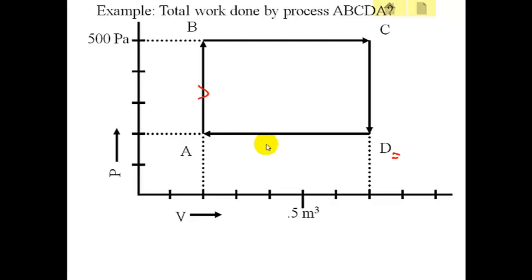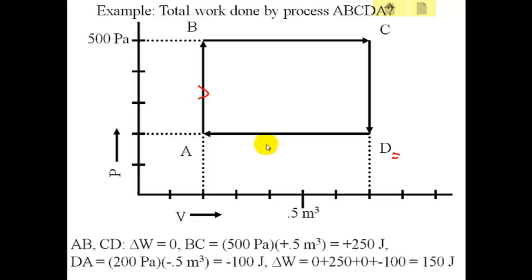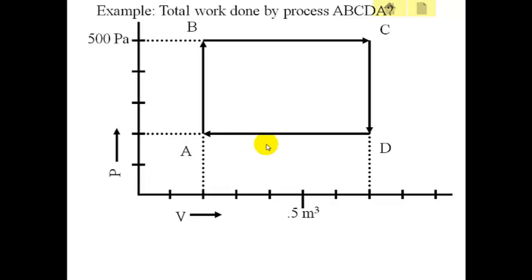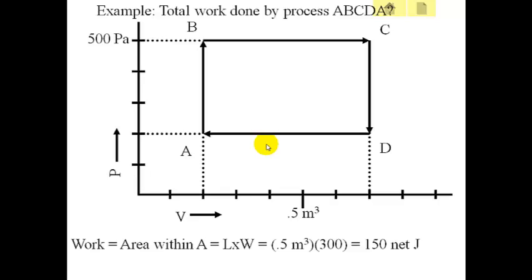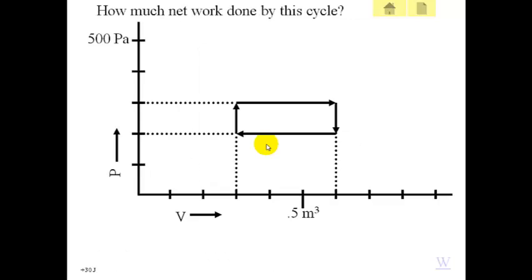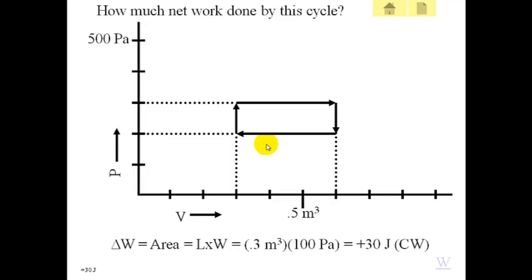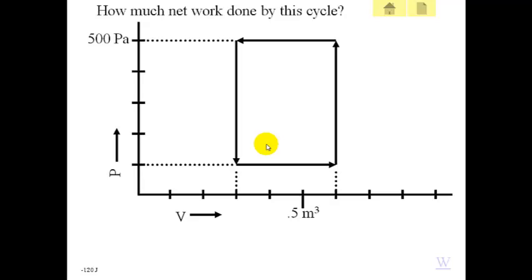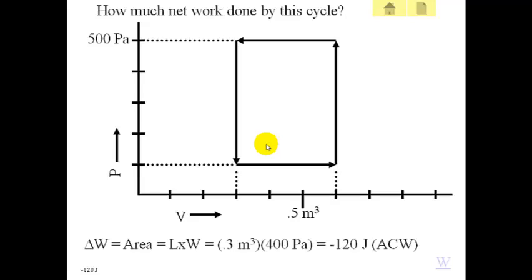Find the total work done in the process A, B, C, D, A. Find the work done here. Find the net work done in this cycle.